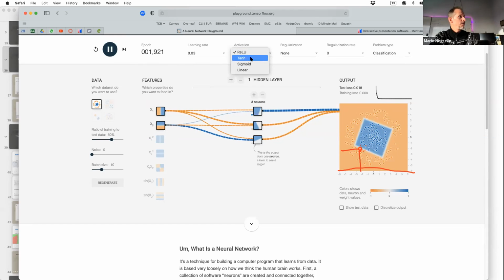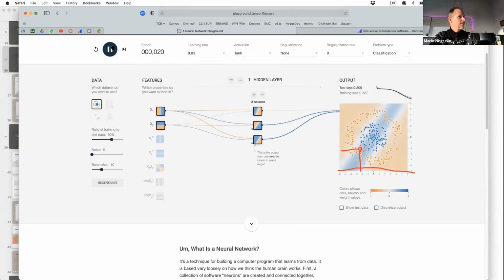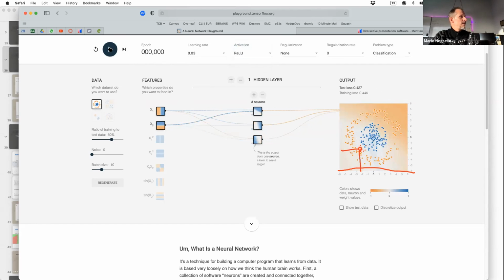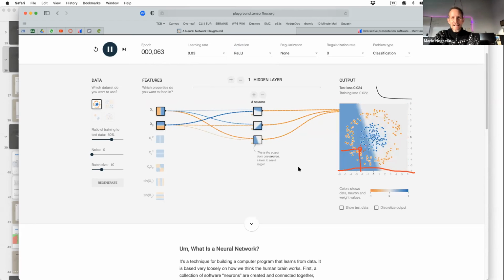For example, we can also use hyperbolic tangent. We will get something similar, only a bit softer. But let's start with something simple. So here you have these straight lines. Now, where do these straight lines come from? They're combinatoric in nature.